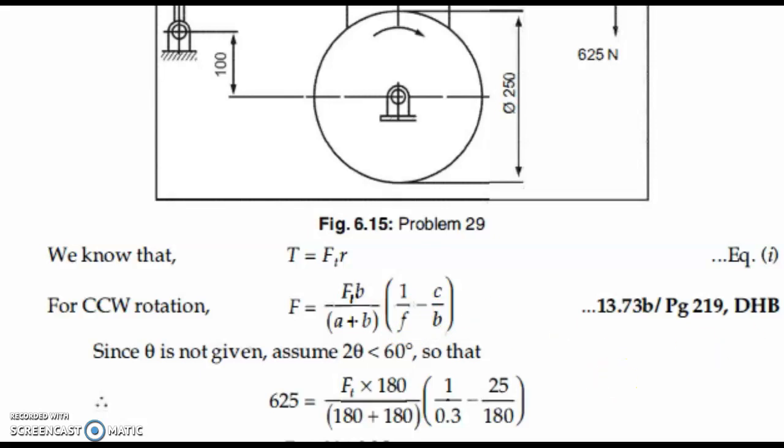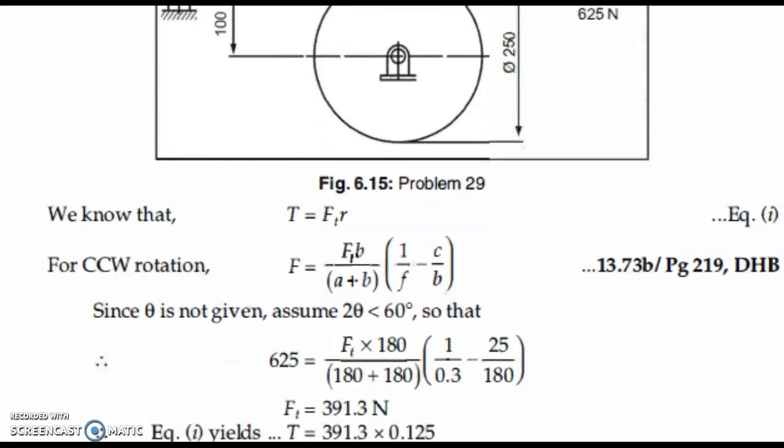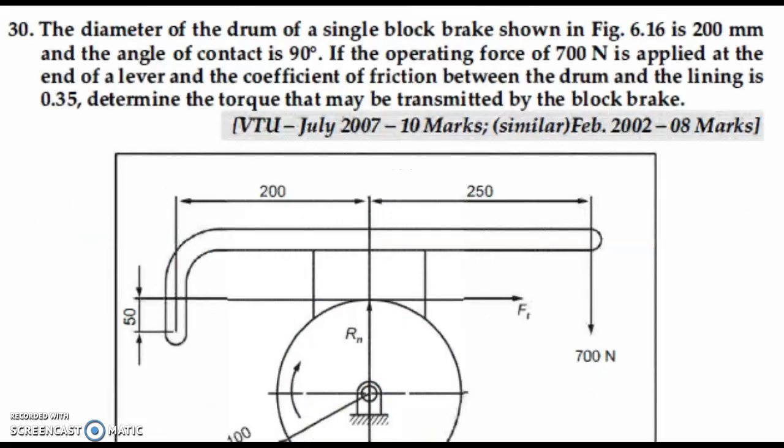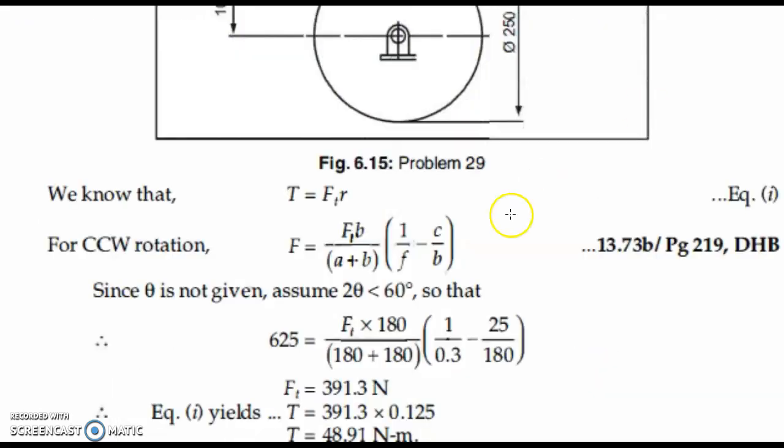Now, if we substitute the given data into the equation, we get the torque: T is equal to Ft into R. R is equal to 0.125 in meters, and Ft is equal to 391.3 Newton. So the total torque is equal to 48.91 Newton meter.